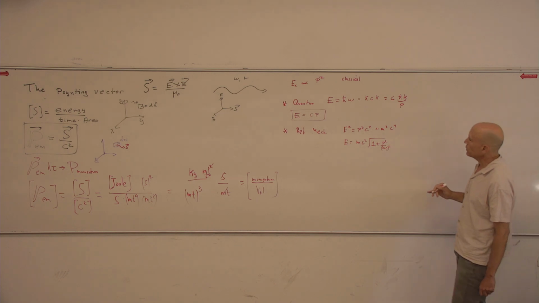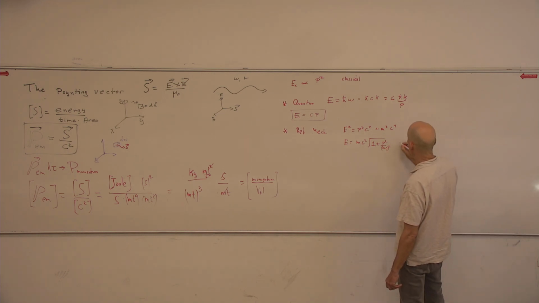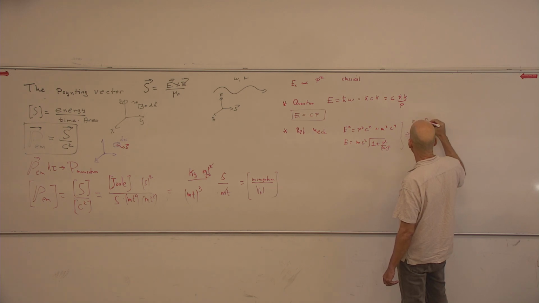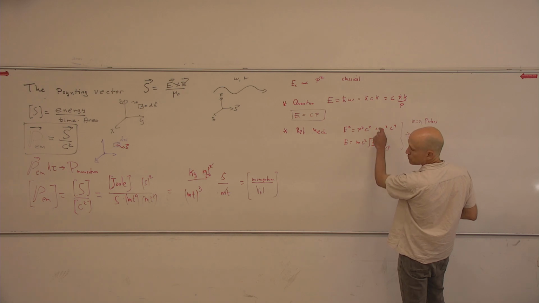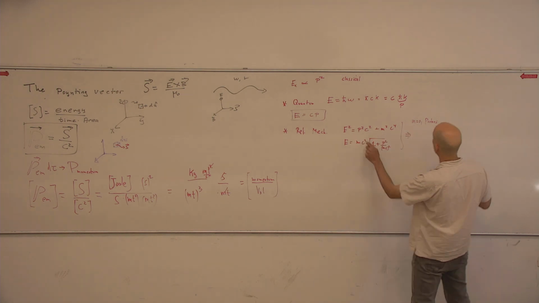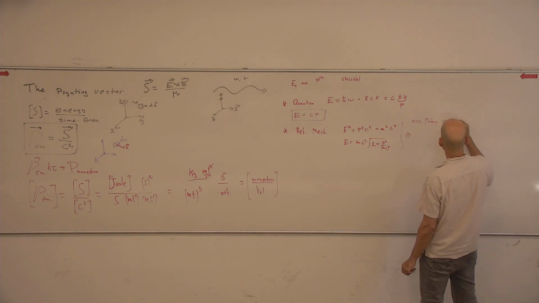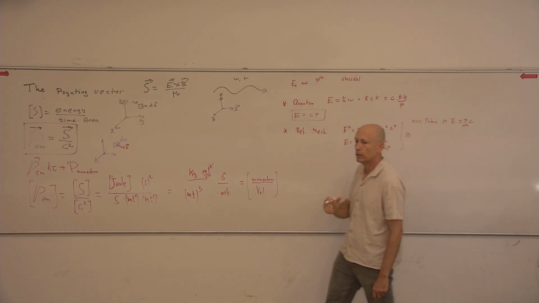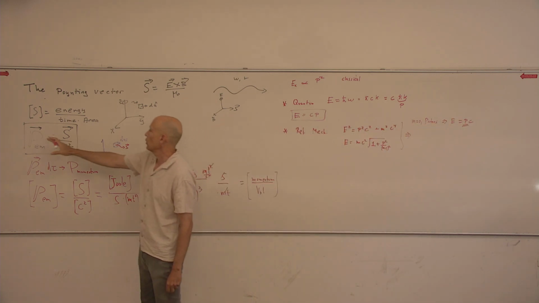Now from here we can reach two well-known limits. One of them is when the mass is 0, which is what we call photons, which have no mass. If the rest mass is 0, then E is equal to pc. And again, the emphasis here is the linearity between energy and momentum, which you also see here.